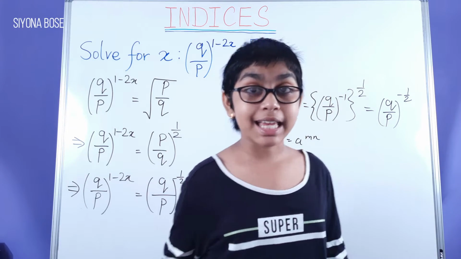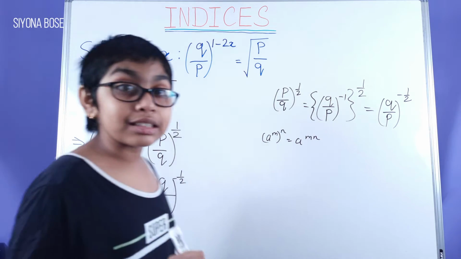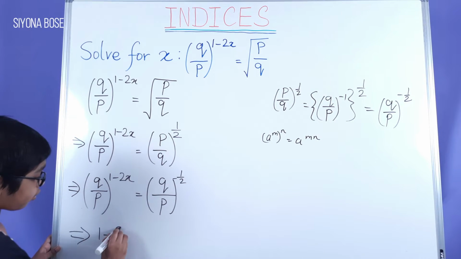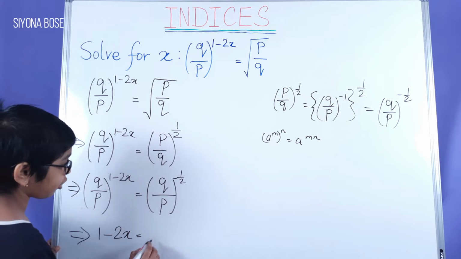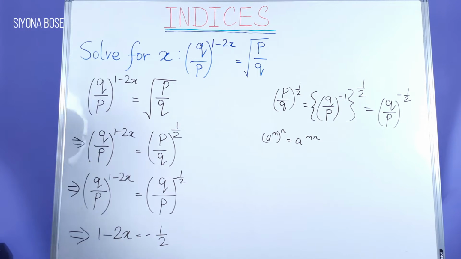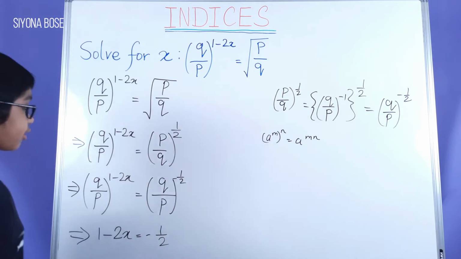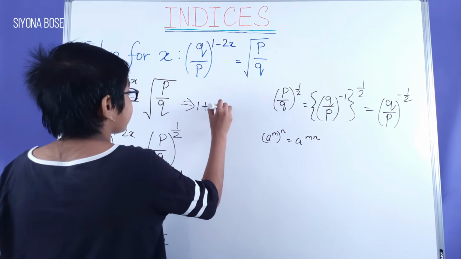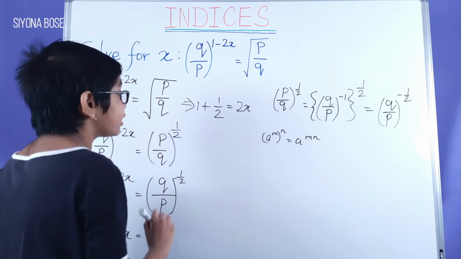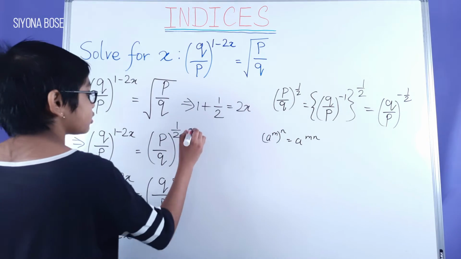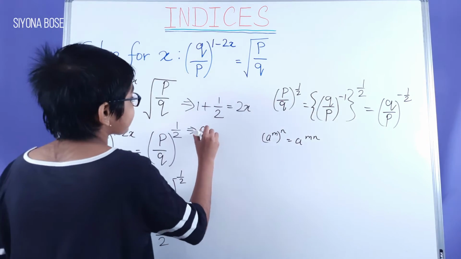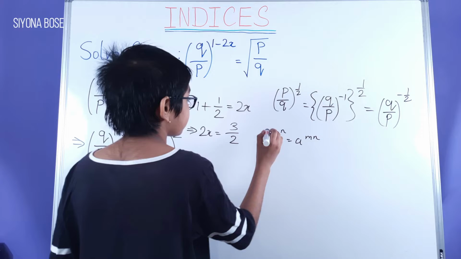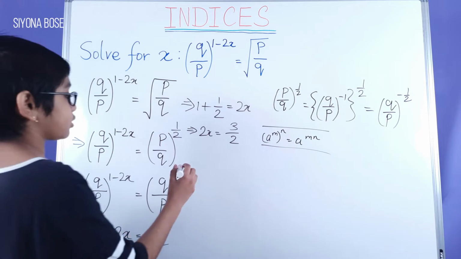Now, since we have the same base, q/p, this implies that 1 - 2x = -1/2. So 1 + 1/2 = 2x, or 2x = 3/2.